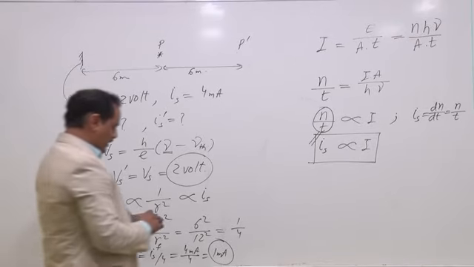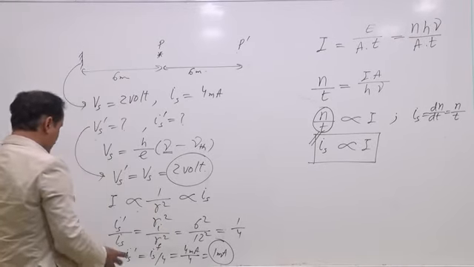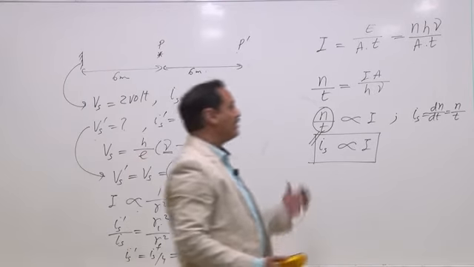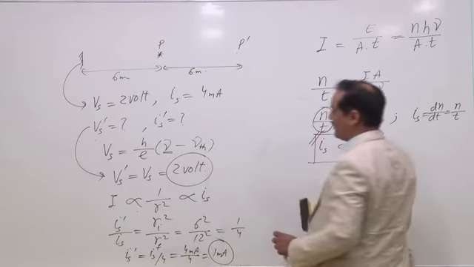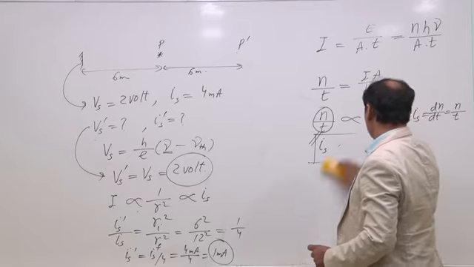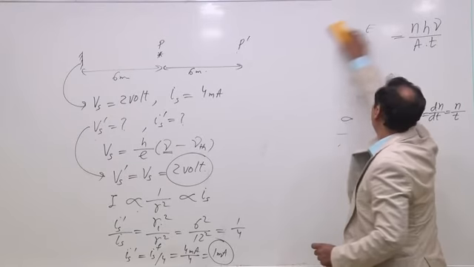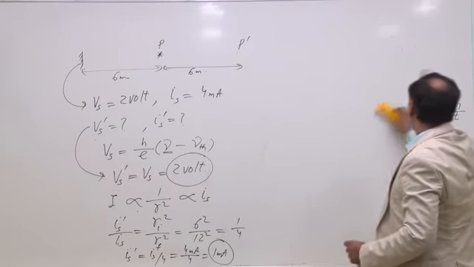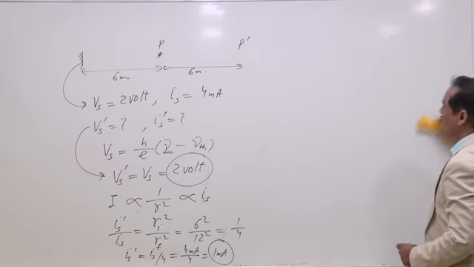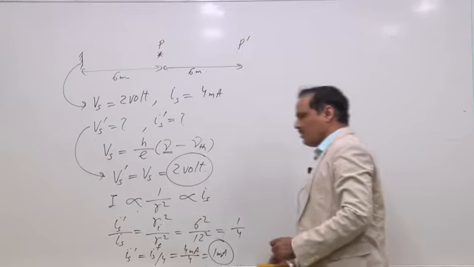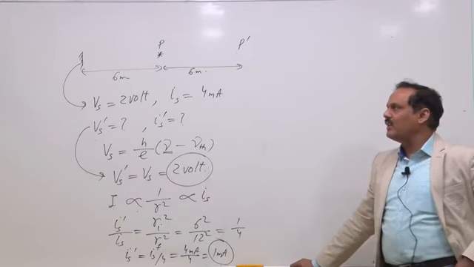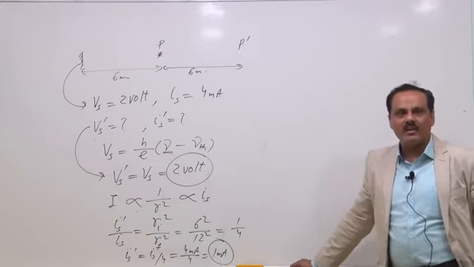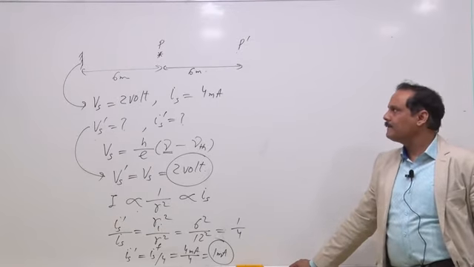Now as I said in the beginning, Einstein got the Nobel Prize for explaining this particular phenomenon, the photoelectric effect. Why did Einstein get the Nobel Prize for this? Because before this, light was assumed to be a wave, but Einstein explained this phenomenon assuming light to be a particle, that is, a photon.